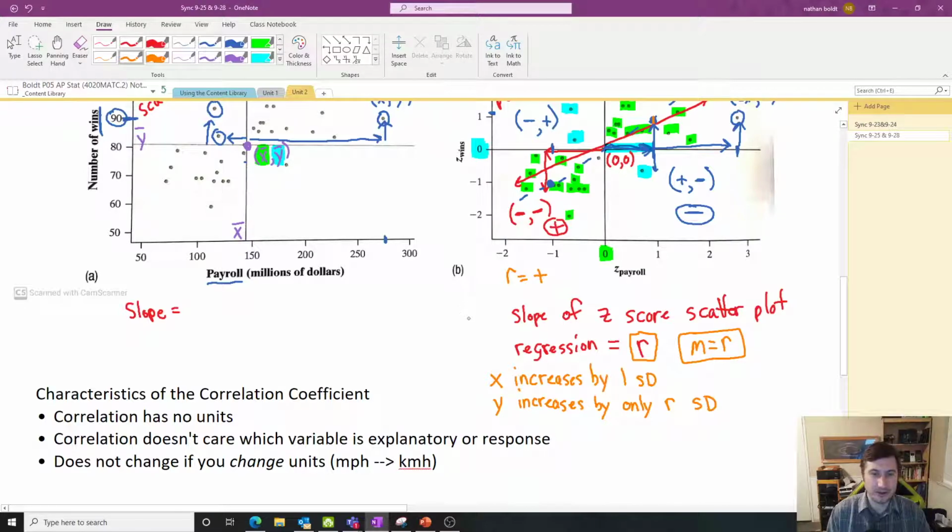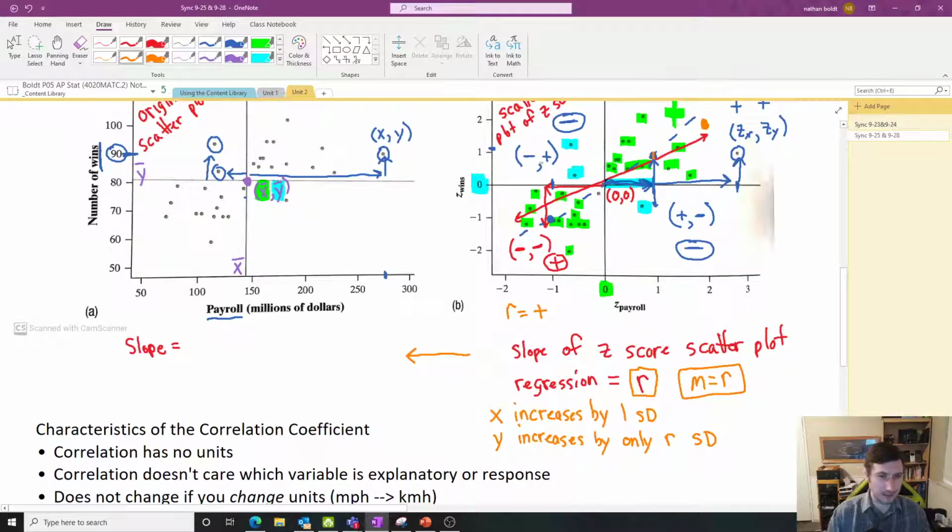Now, how do I shoot that concept back over to here? All right, this is where it gets a little weird. So again, if I go over 1 standard deviation this way, plus 1 standard deviation, well, this graph isn't measured in standard deviations. So how do I convert that 1 standard deviation back into millions of dollars?